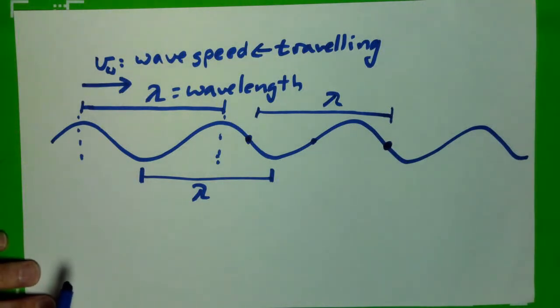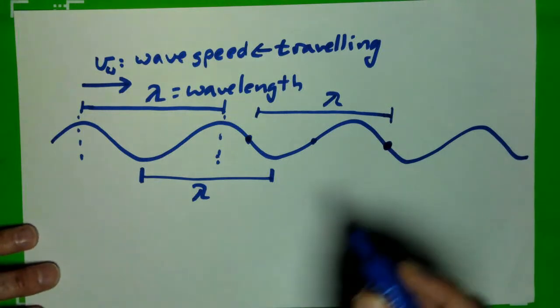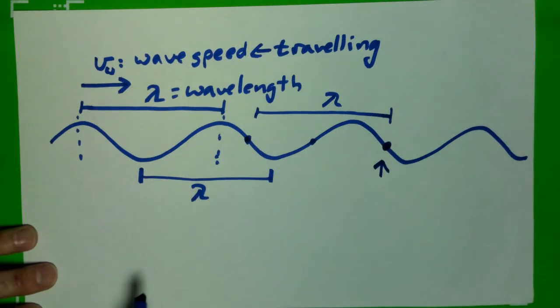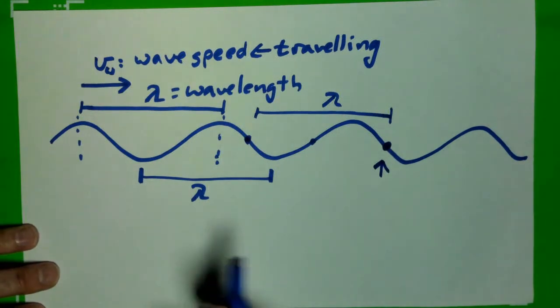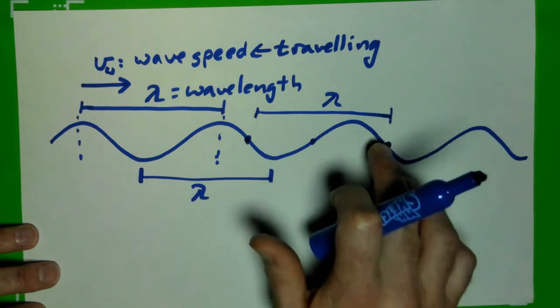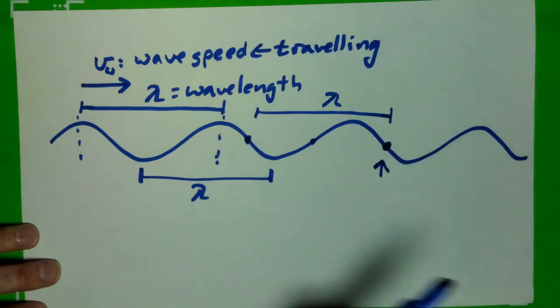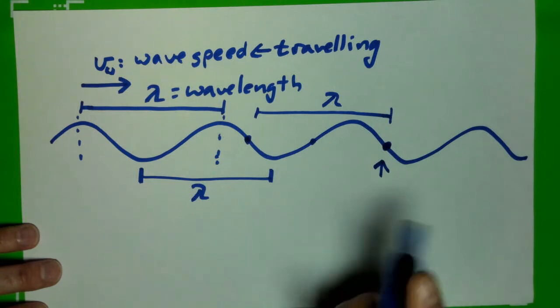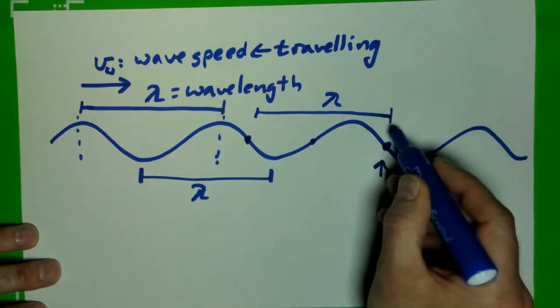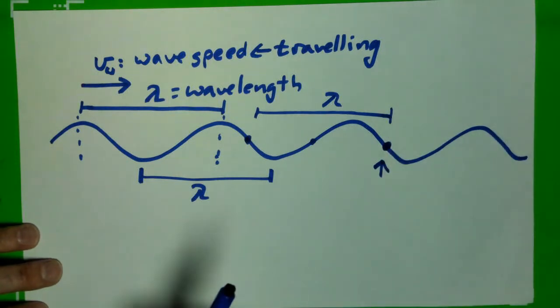Some other things we could talk about is the period. So if I look at this point, and right as soon as I see that point become, let's say, a crest, I start a stopwatch. Then this crest moves through, and then the next crest comes through, I stop my stopwatch.